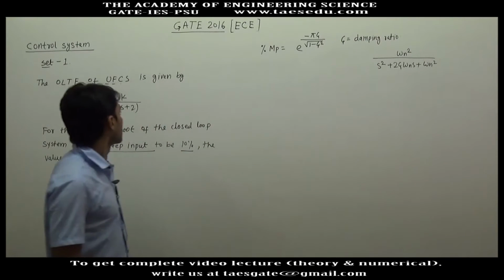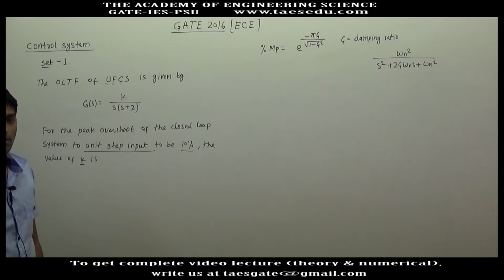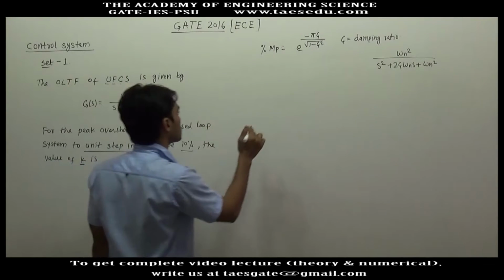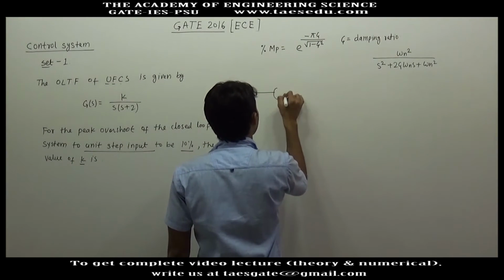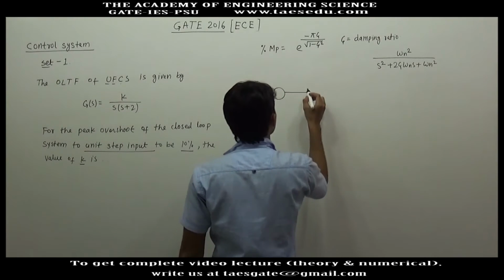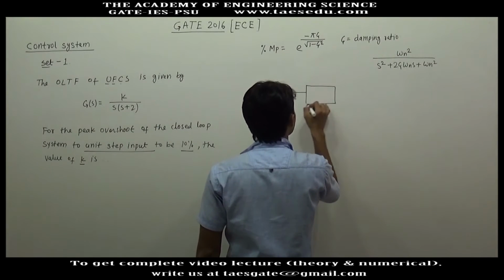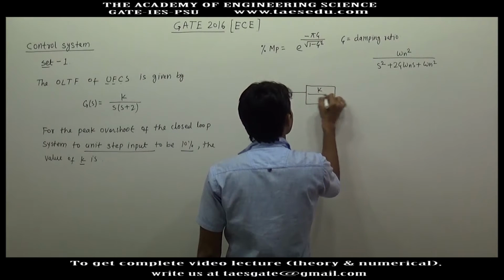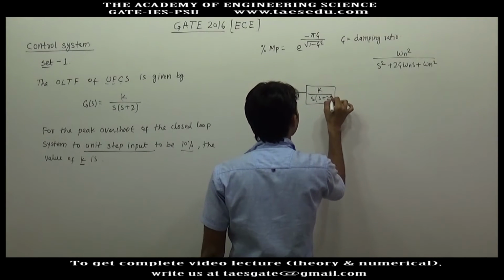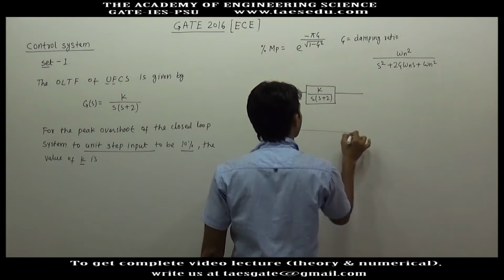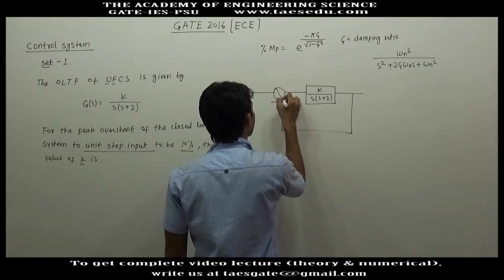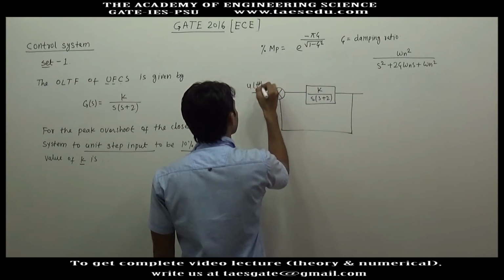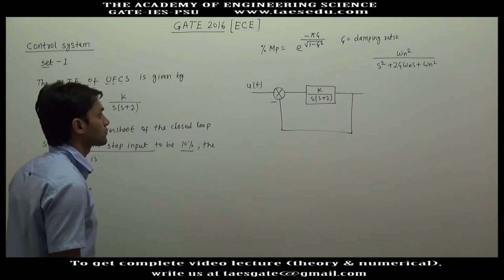We have the open loop transfer function. If I make the block diagram of the unity feedback closed loop system, then we have k divided by s into (s plus 2), with negative unity feedback, and this is the unit step input.